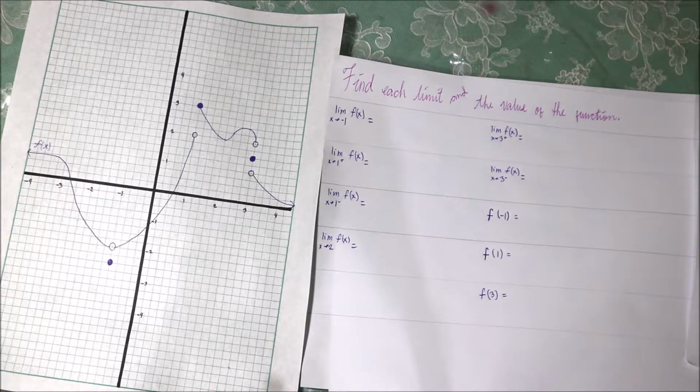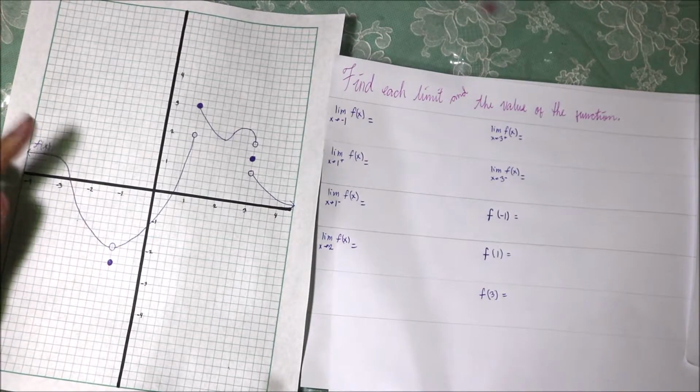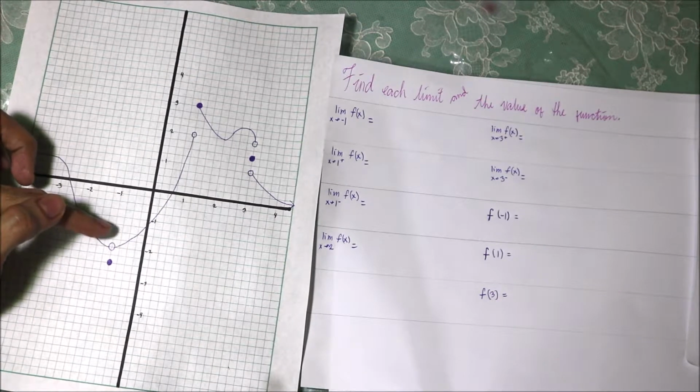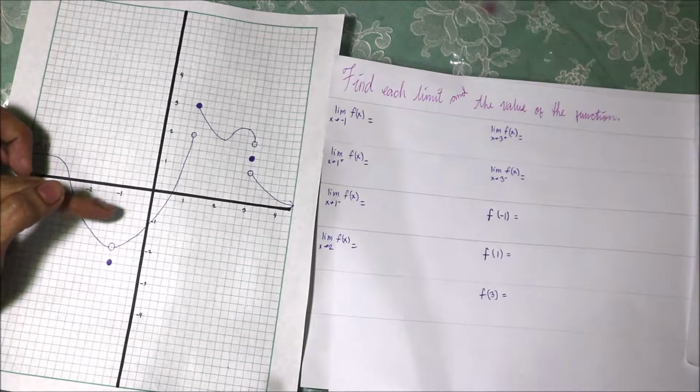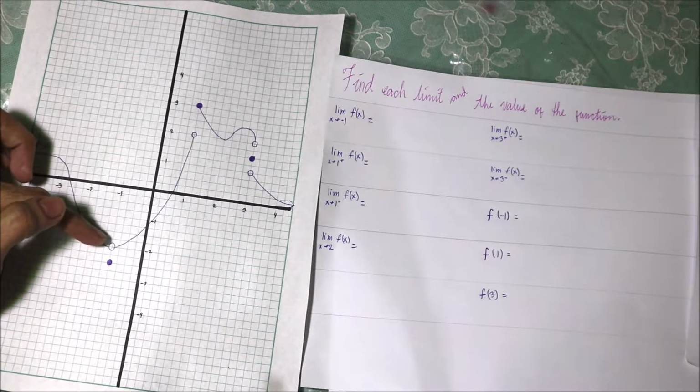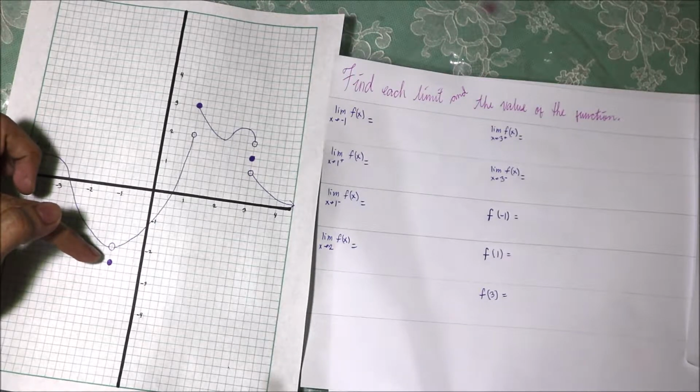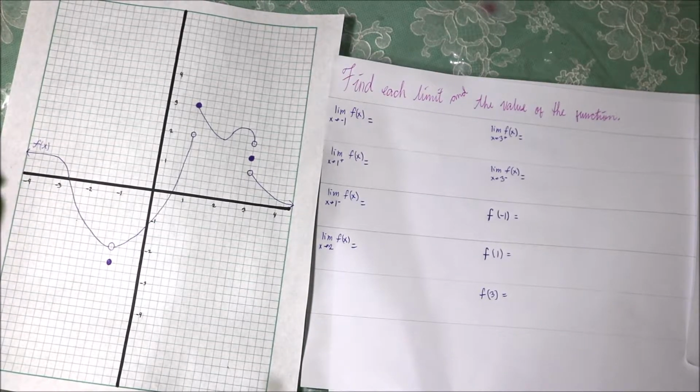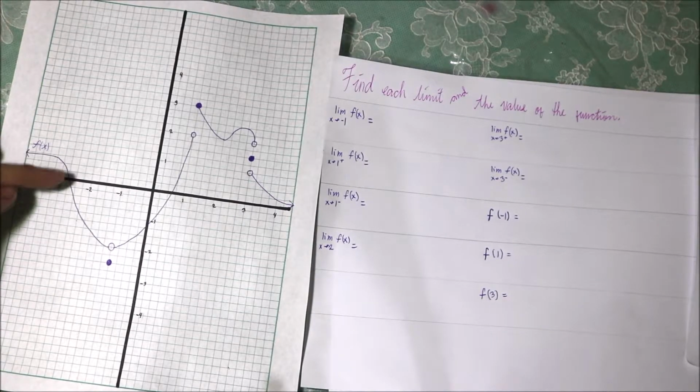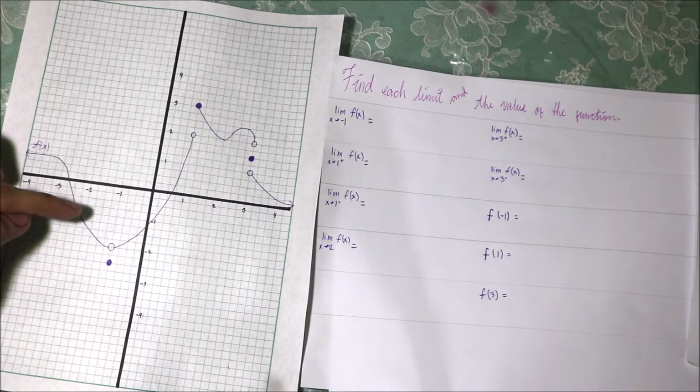Well, you can see just intuitively that we're probably going to have two options for the limit as x gets close to negative 1: this hollow circle right here or this filled-in circle right here. But when you're asked to find the limit of a function at any point, really what you want to do is look for the continuous part of the function. Imagine that you're tracing your finger or running your pencil along the graph of the function.